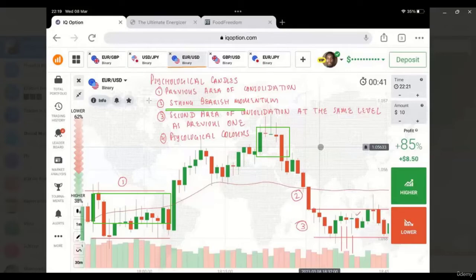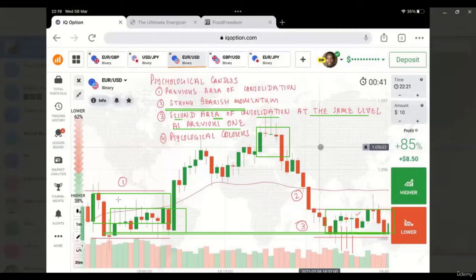Third one is the second area of consolidation at the same level as the previous. Again the market came back to the same level, the same consolidation area. Previously it was a ranging area, so there is more possibility the market may create another ranging or consolidation area here on the right side also.